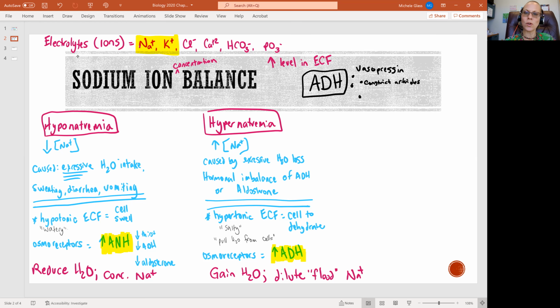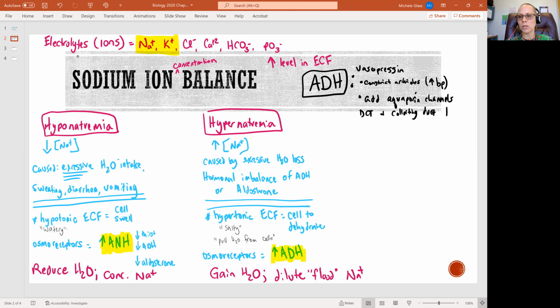If you're constricting your arterioles, you're increasing blood pressure. And when you increase blood pressure, you're increasing filtration at the capillary. So this is helping water move into the body fluids. And then more specifically, you're going to get the addition of those aquaporin channels in the cells of the DCT and the collecting duct.